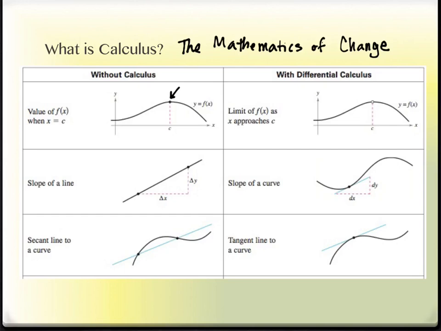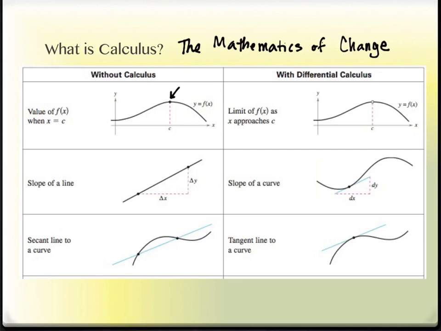With pre-calculus, we can find a secant line to a curve. A secant line, if you'll remember, is a line that cuts through 2 points on a curve. So there's 2 points and it's cutting straight through. You can do that with pre-calculus. With calculus, you can find what's called a tangent line to a curve. Probably secant and tangent lines are something you might even encounter first in geometry anyway.